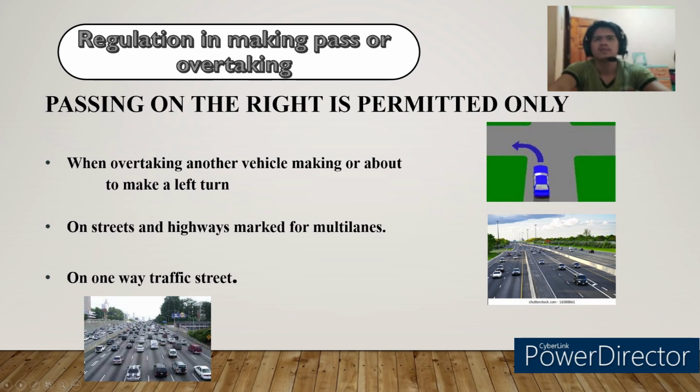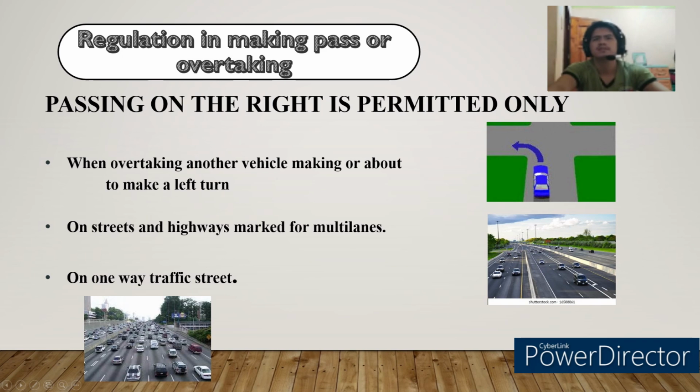Next is on one-way traffic streets. On one-way traffic streets, you can pass in this kind of road since there are no vehicles facing the opposite direction if you overtake.